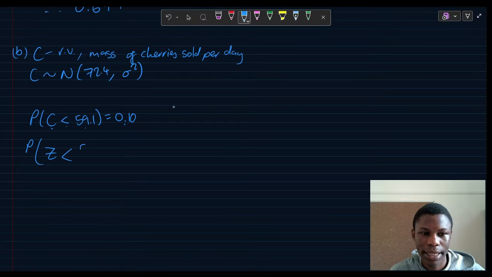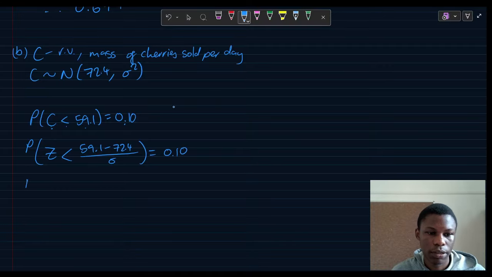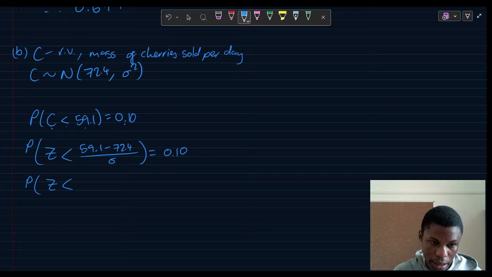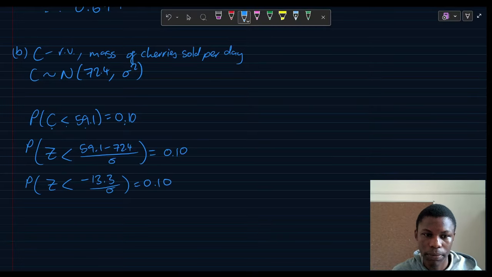Anyway, standardize your 59.1: subtract mu, which is 72.4, over your sigma, and this is still equal to 0.10. So the probability that Z is less than 59.1 minus 72.4, that is negative 13.3 over sigma, is equal to 0.10.